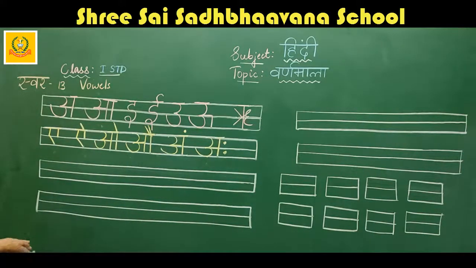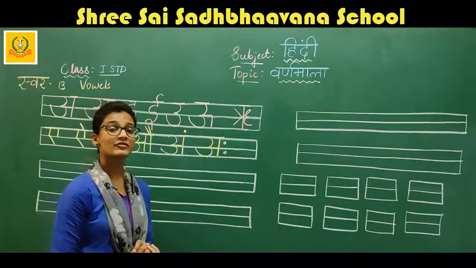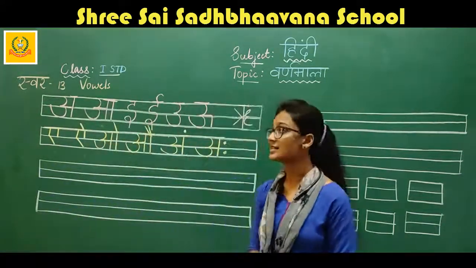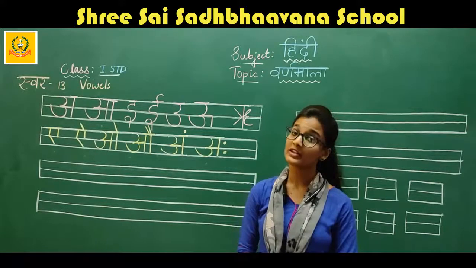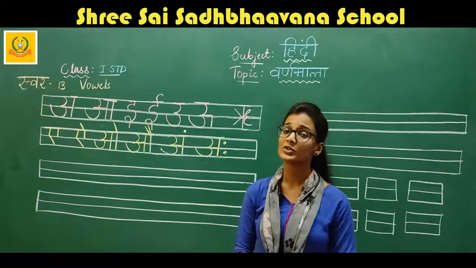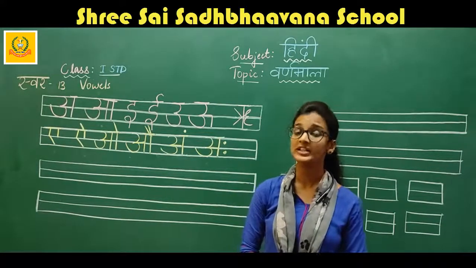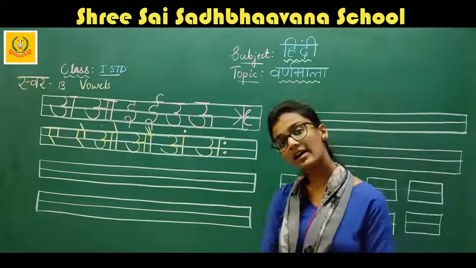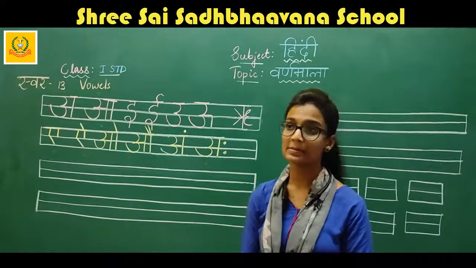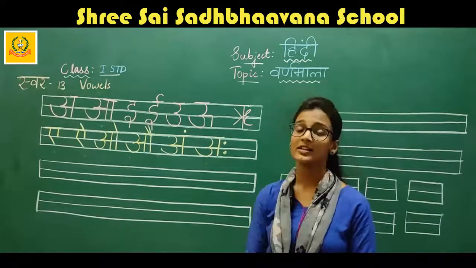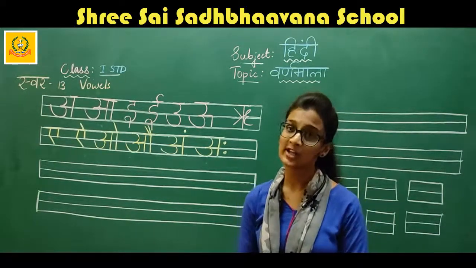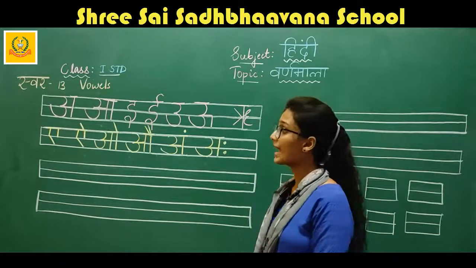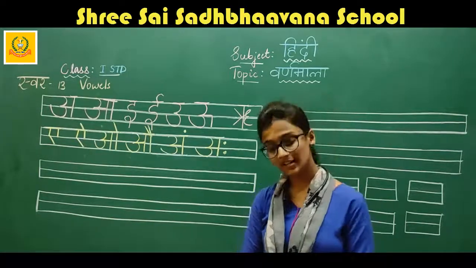Next, what did we learn after swar? Yes, we learned consonants. They are also known as Vyanjan in Hindi. They are how many in number? They are 37 in number. We learned Vyanjan. They are also known as consonants in English and they are 37 in number.